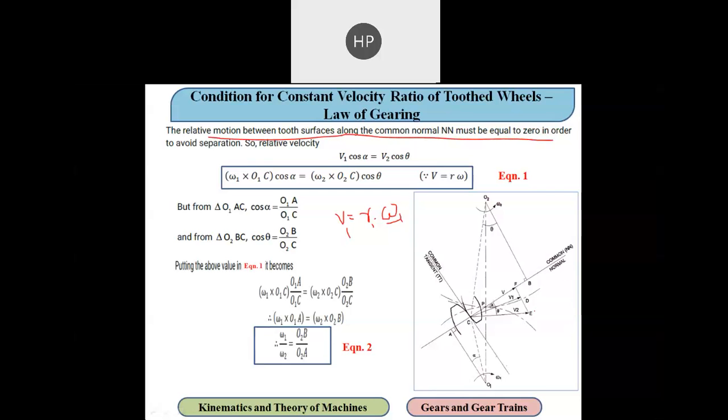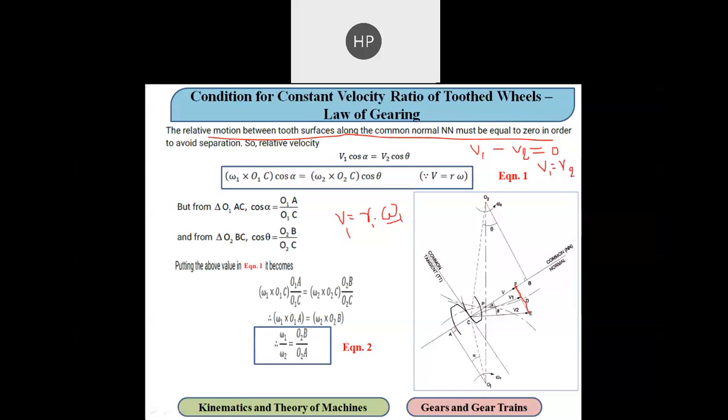So we have to draw a line such that it passes through v1 and v2 and touches at this common normal. We have two components, and the relative motion will be 0 if v1 minus v2 is equal to 0, which means v1 is equal to v2.